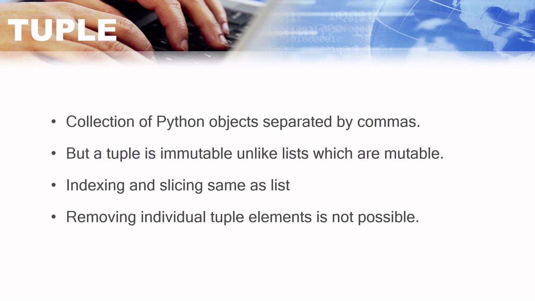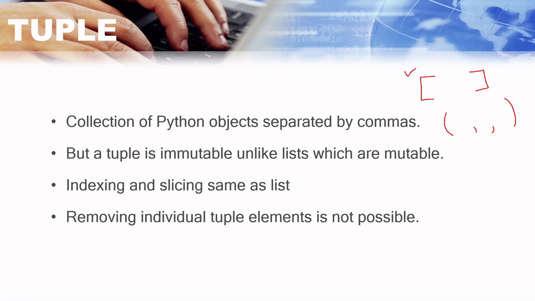This is also a collection of objects separated by commas, but in a list those are enclosed with square brackets. In a tuple those will be separated with commas but with the help of parentheses. This is what a tuple is.